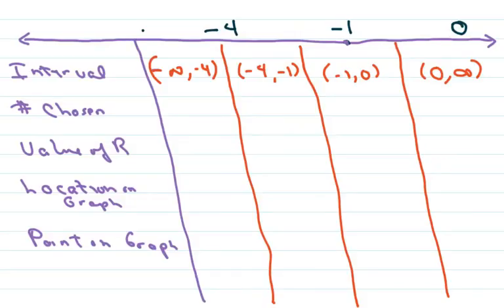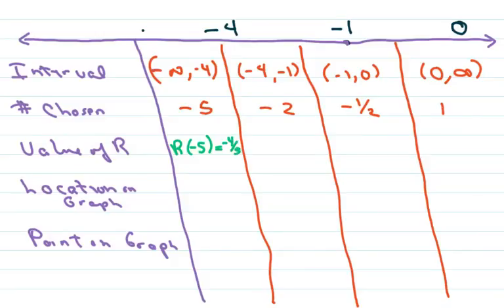Now the point I'm going to choose in here is just -5. I'll choose -2 for this one. In between here I'll choose -1/2. And I'll just choose 1. Just get as close as you can. So what we're doing is plugging in -5 to find our y, which is going to be -4/5.